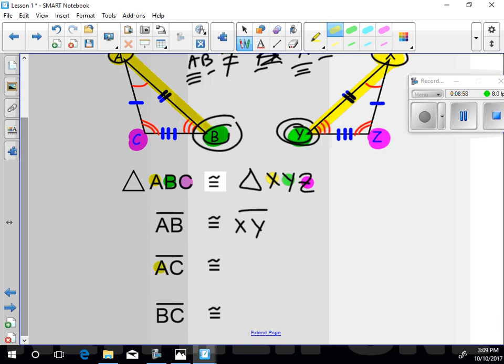Well, I know A corresponds to X, and C corresponds to Z. Okay, same thing for BC.